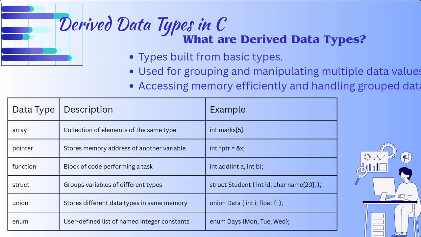Next we have structures. They group variables of different data types. Struct student, int id, char name with size 20. So this is a structure. We have chapters on all these topics, so we will be learning every one of them in detail. Union stores different data types in the same memory.